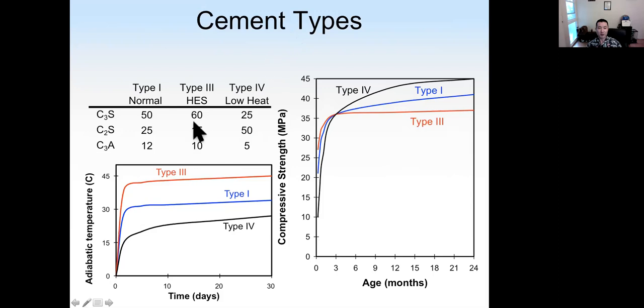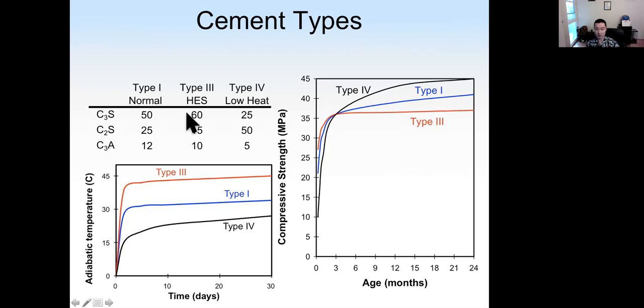For different types of cement, depending on application, we can change the percentage of different compounds because they react differently. For example, for type 3 cement, which is high early strength cement, we're going to increase the percentage of C3S. Why?